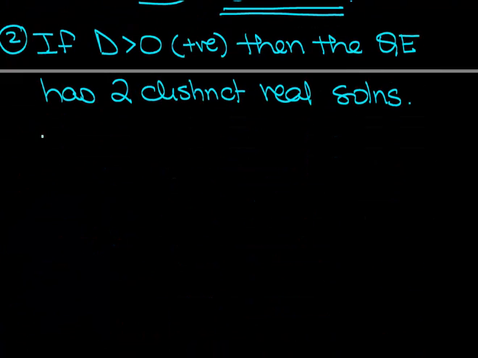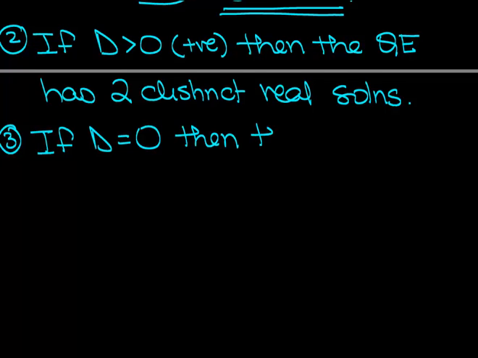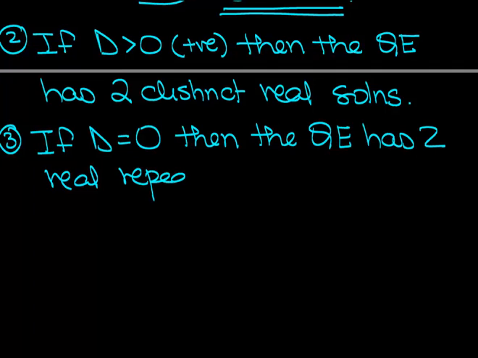On the other hand, if d is equal to 0, then the quadratic equation has two real repeating solutions.